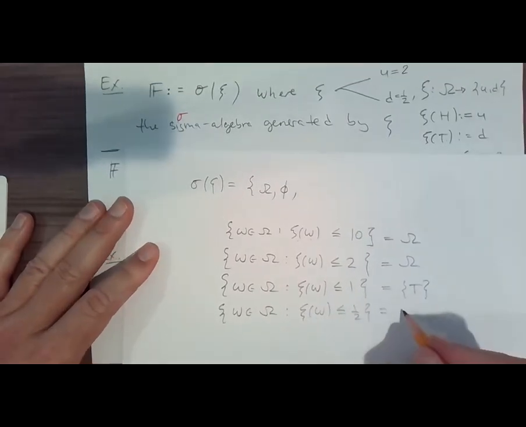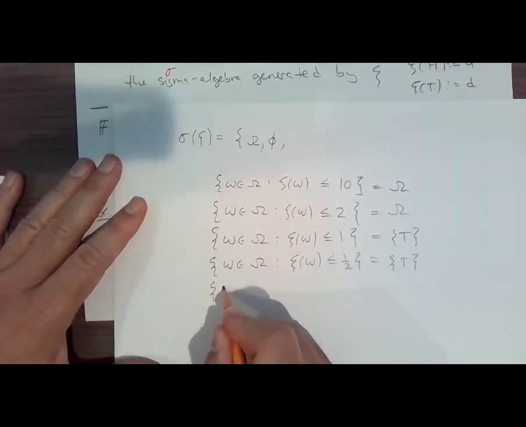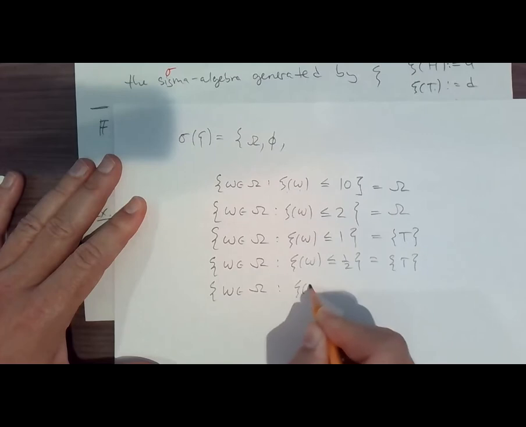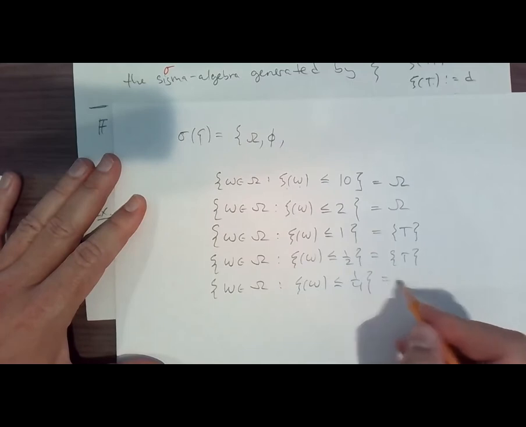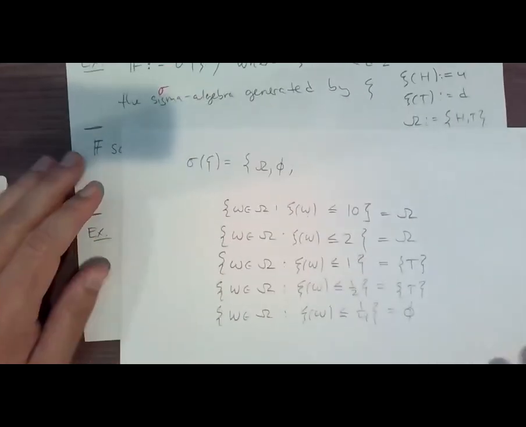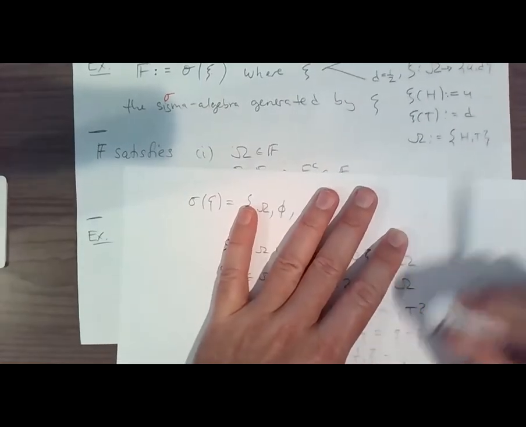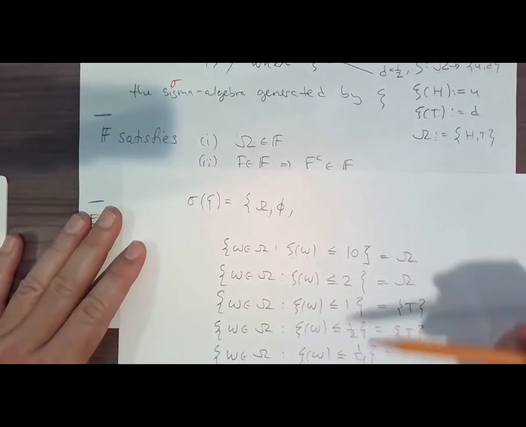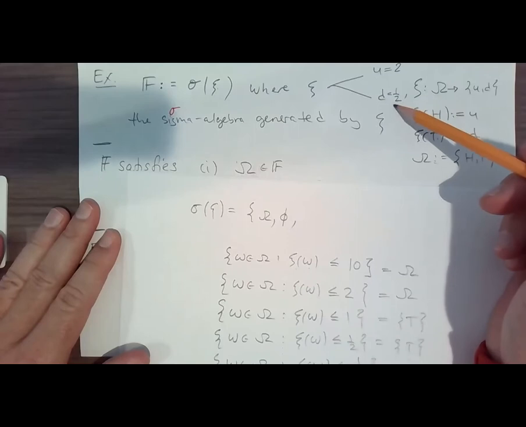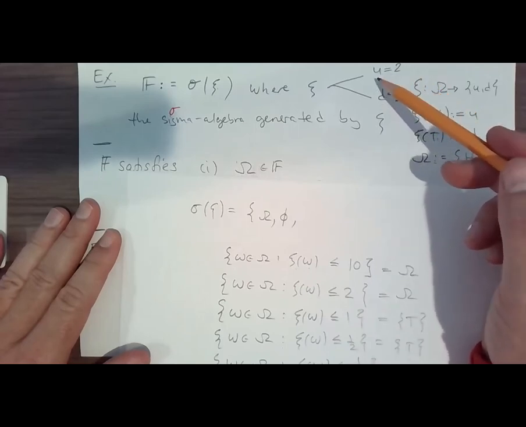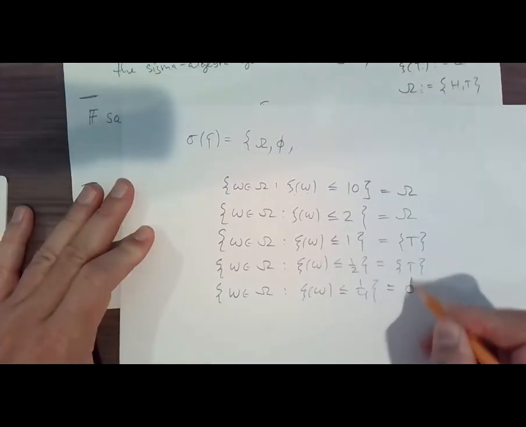Well, a half is still going to work with a t. If I put in, say, a quarter, well, now it's going to become empty. If I'm asking what omegas will give me a value that is less than a quarter, it's not possible, because the smallest value I'm getting is a half. So this is an empty set.